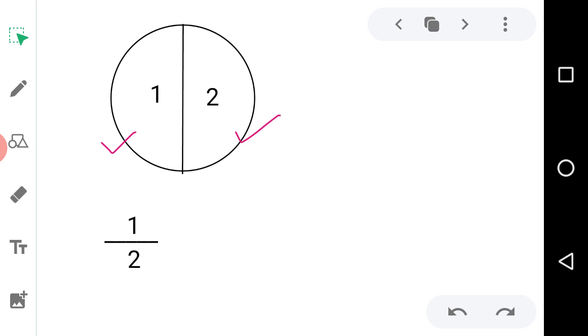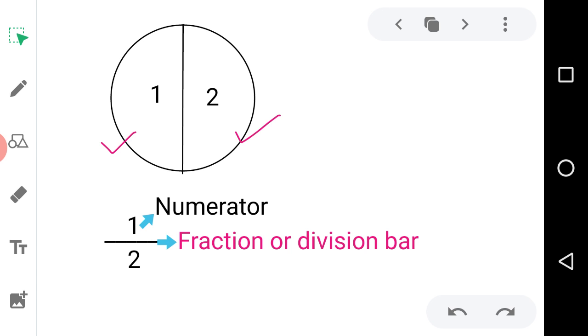Now look at the fraction. The number above the line is the numerator. It indicates the number of equal parts considered. The line is called the fraction bar or division bar.